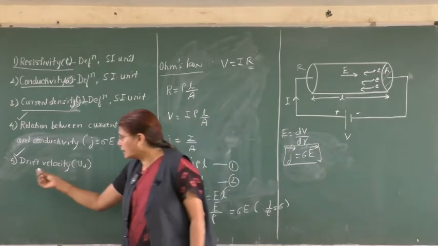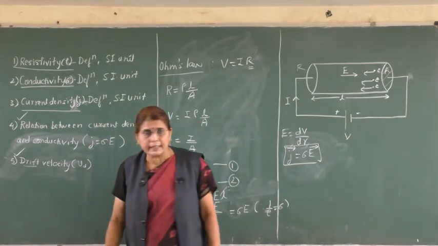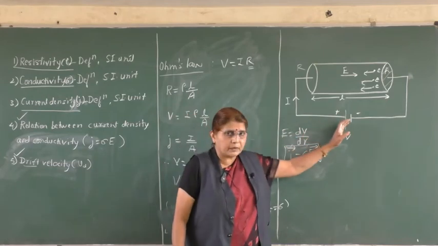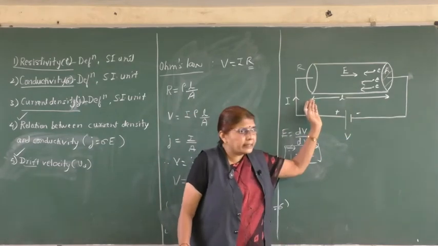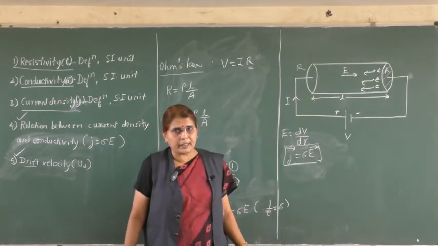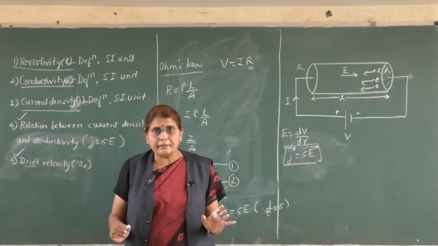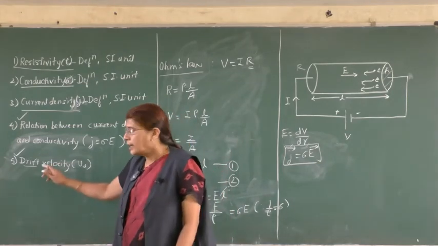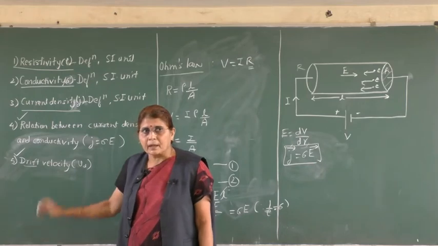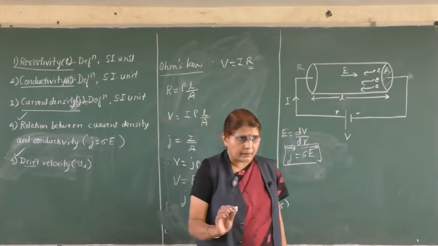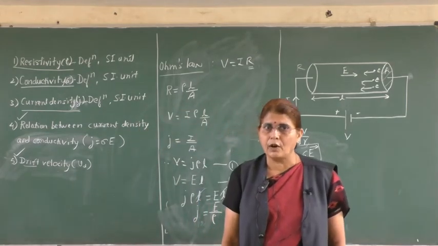So why is the word drift used here? Because the electrons are attracted by the positive terminal, they are accelerated or dragged towards the positive terminal, and the dragging velocity, we call it what? Drift velocity.